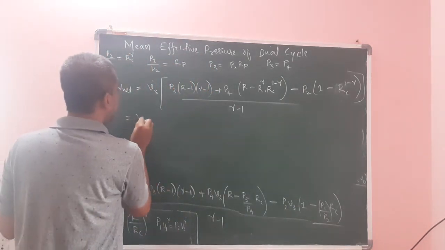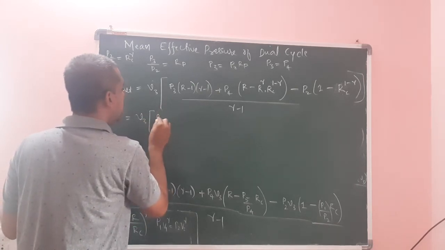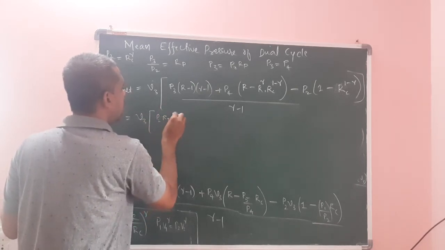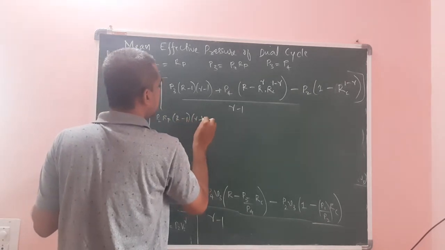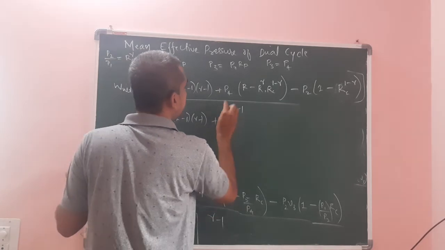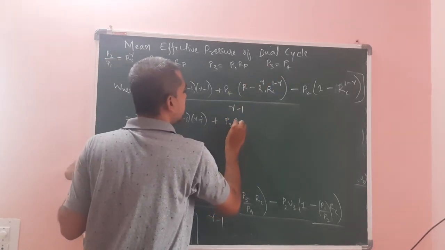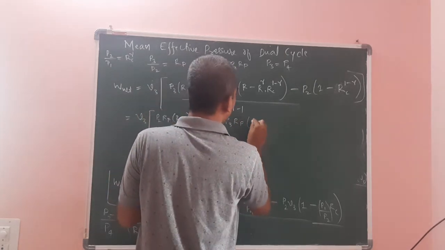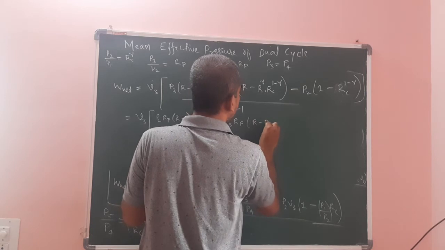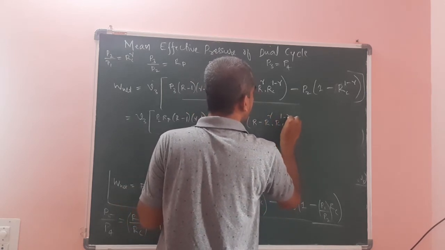It will be P3 into, what will come? P2 into RP into R minus 1 into gamma minus 1 plus of P4 is also equal to P3. Therefore, I can write P3 into RP into R minus of R raised to gamma into RC raised to 1 minus gamma.